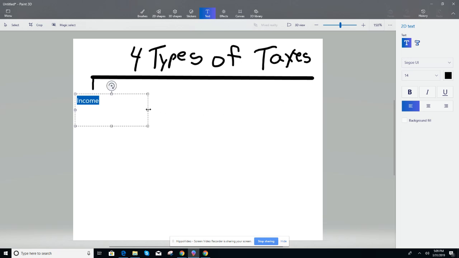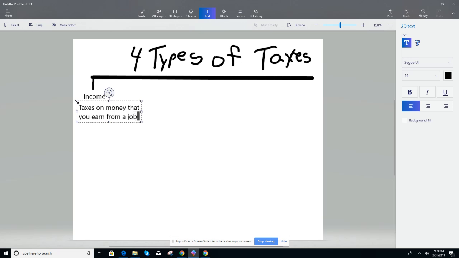So let's say that you make $500 working at McDonald's a week, and you have to give a percentage of that. Let's say it's 10%. So you would have to give $50 of that to the government in the form of income tax. So the definition of income tax is taxes on money that you earn from a job.